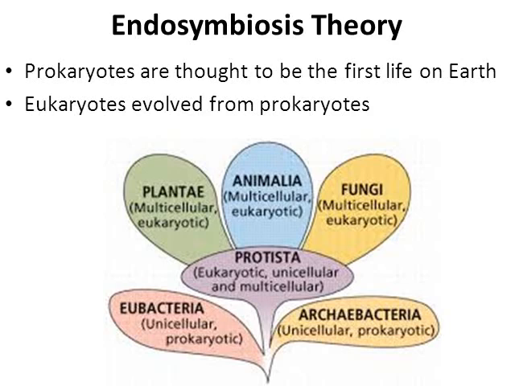As the theory goes, prokaryotic cells are thought to have devoured and swallowed up what would eventually become the mitochondria, what would eventually become the chloroplast. And over the billions of years, prokaryotic cells became a little more different, a little more diverse. That's really a summary of what the endosymbiosis theory says.